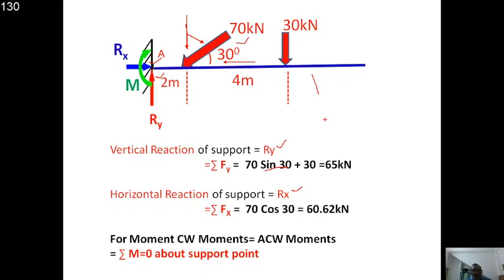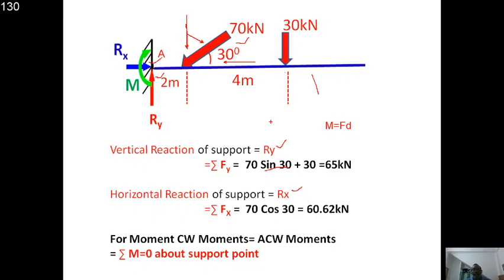Therefore, moment is equal to force into perpendicular distance, F into D, right?